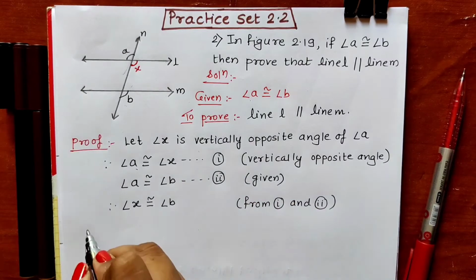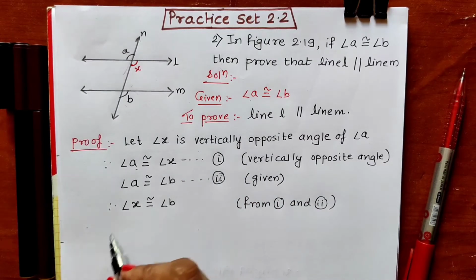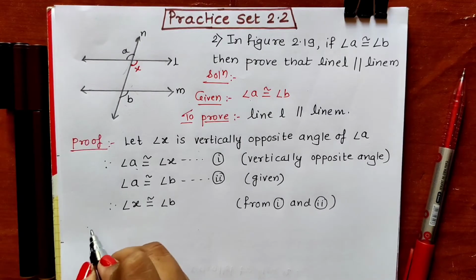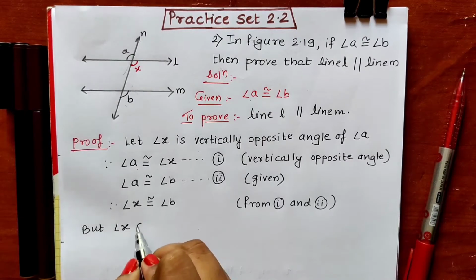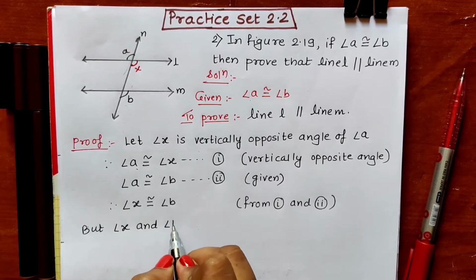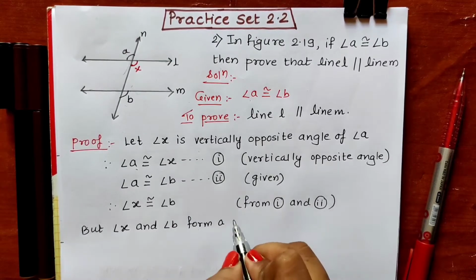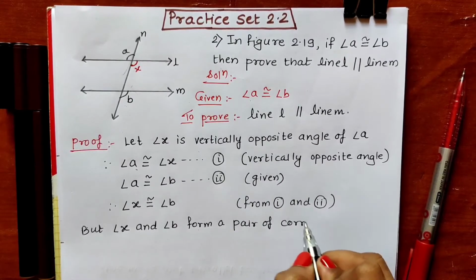So here we will write: x is congruent with B, but angle x and angle B form a pair of corresponding angles.